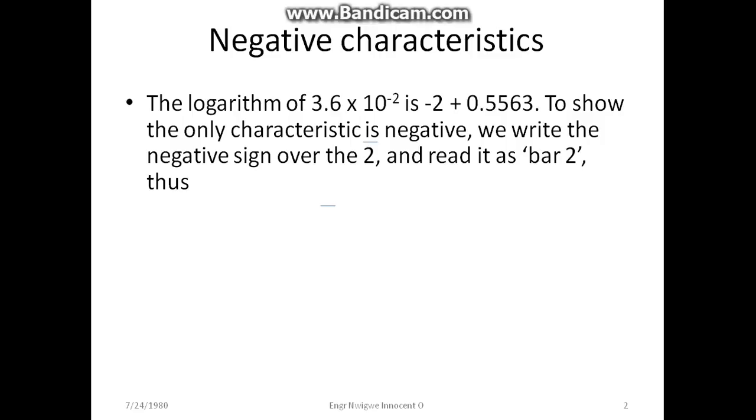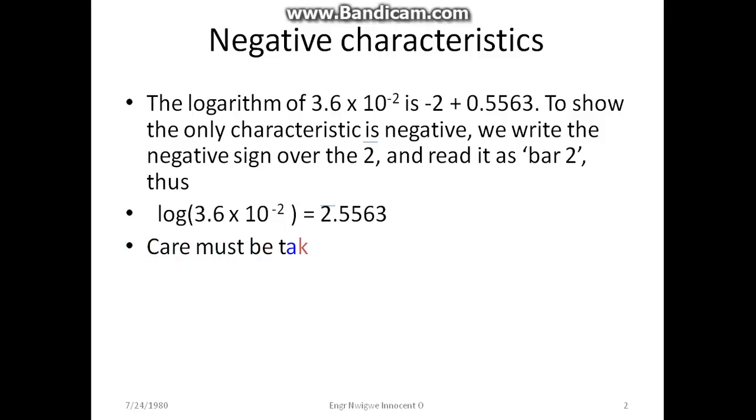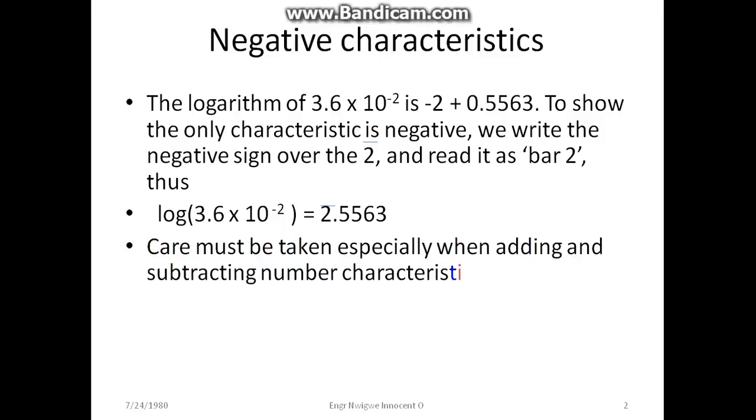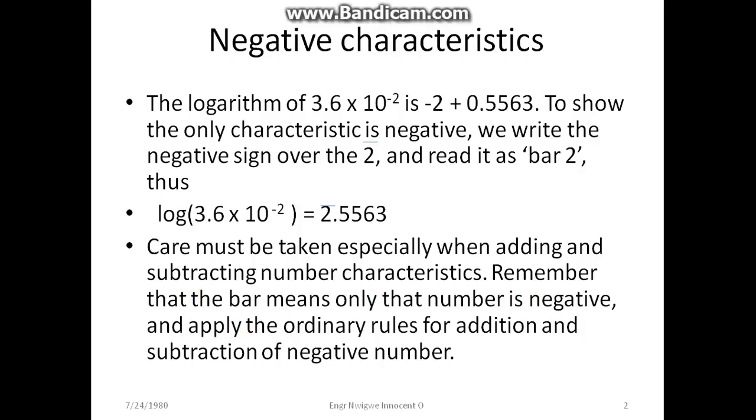Thus log of 3.6 times 10 raised to power minus 2 is equal to bar 2.5563. Care must be taken especially when adding and subtracting numbers with characteristics. Remember that the bar means only that the number is negative, and apply the ordinary rule for addition and subtraction of negative numbers.